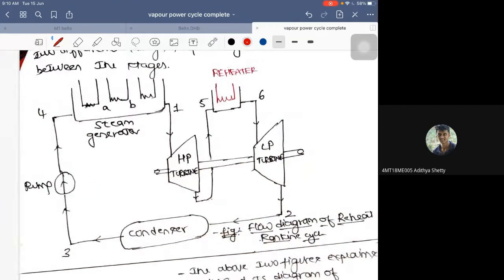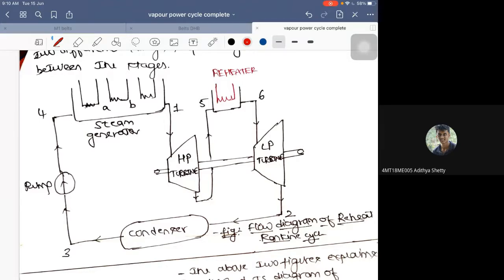So in the last class, we were discussing regeneration, how regeneration helps us increase the efficiency of the steam turbine running on a Rankine cycle. What we used to do is take some amount of steam in between the expansion and send it back to heat the water coming from the condenser.